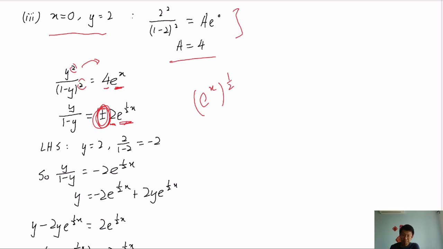In this case, we will have to take the negative, because if we check the left hand side, when we sub in a 2, we will end up with a negative 2.